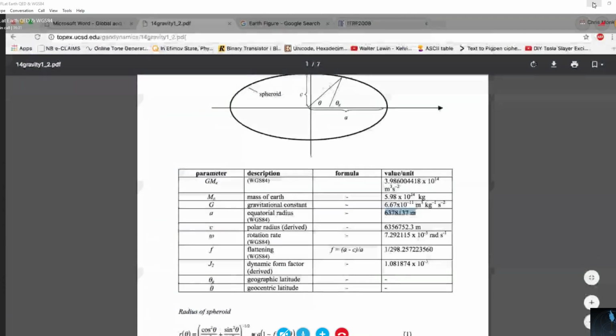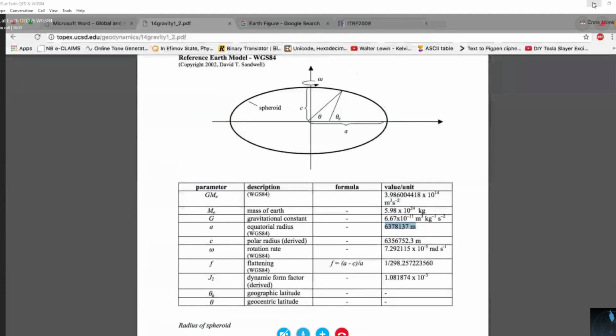You just go do the math. Go back to the diagram and take the A, subtract the C, put those together, and then divide by A again and see what happens to these dimensions. Plug it in a calculator.